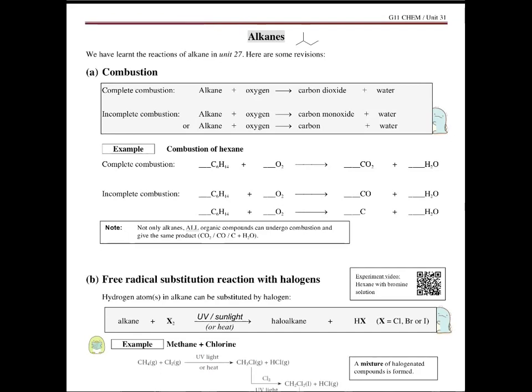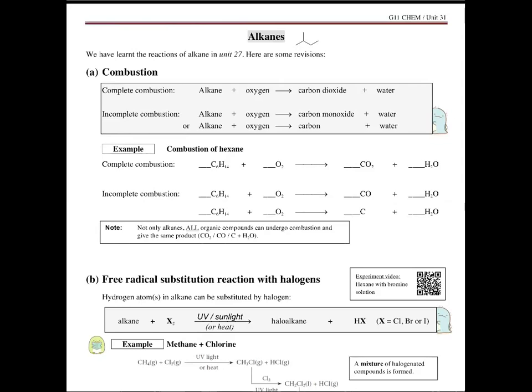It will be a clean flame, so it will undergo complete combustion. But if the carbon chain has more than 5 carbons, then it would undergo incomplete combustion. You will see the flame become orange and it will produce some soot after combustion. We describe that as a sooty orange flame.